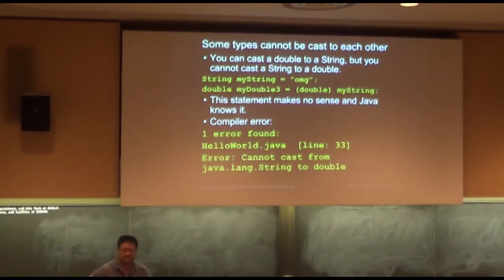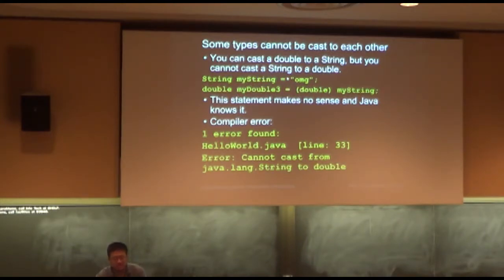So here's a great example. If I have a string called myString, and I've assigned it to OMG, then attempting to convert that to a double and store it into this new double variable will not work. So myString is a string, and I just can't turn whatever those letters are into a double. And even if I stored in the string variable a quote-unquote number, right?